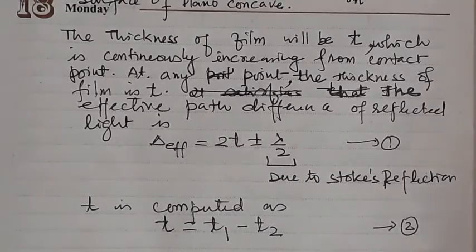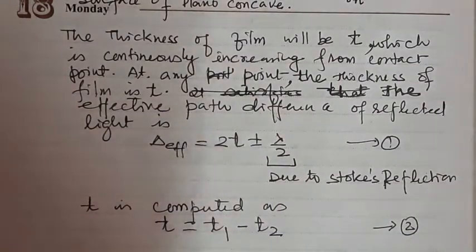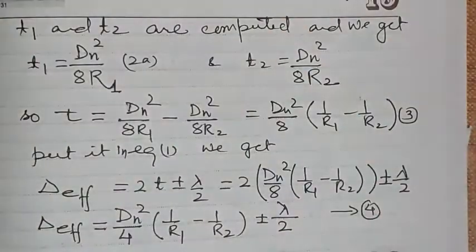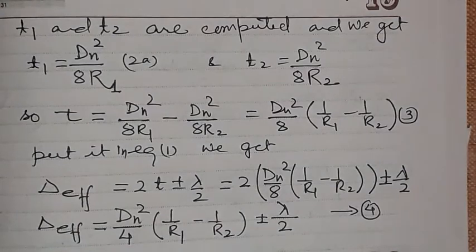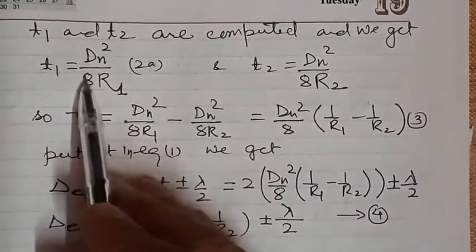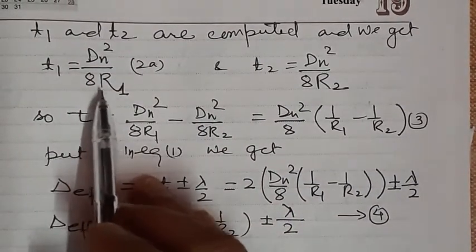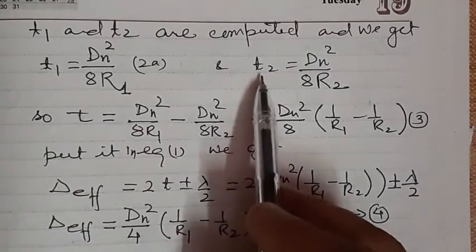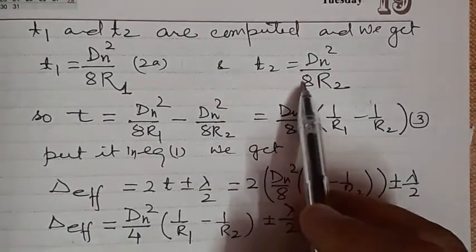Now T1 and T2 are computed in a very similar way to the discussion on Newton ring formation. So T1 and T2 are computed from the geometry. T1 is equal to Dn square over 8R1 and T2 is equal to Dn square over 8R2.